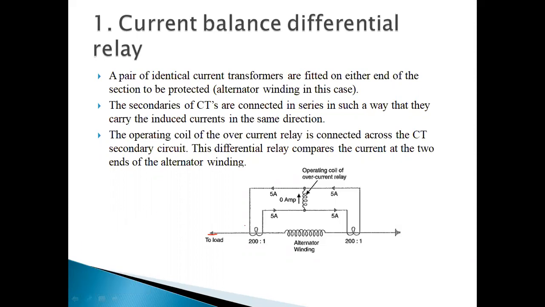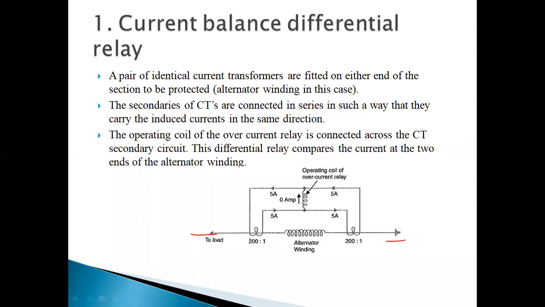Now here, suppose we are protecting our alternator. So here the alternator winding is given. It is connected to the load side and one terminal is connected to ground. Here we have to check whether the fault is occurring or not.